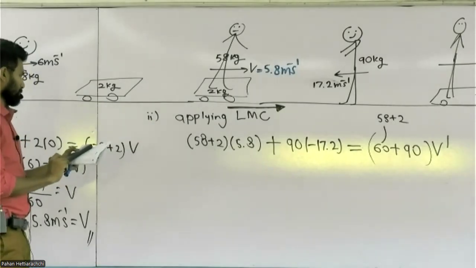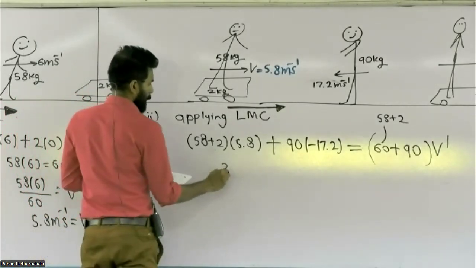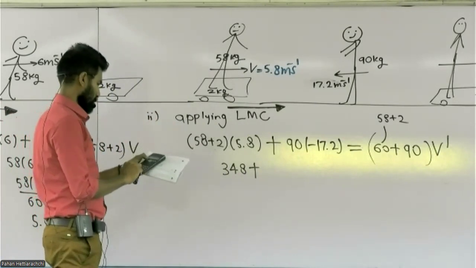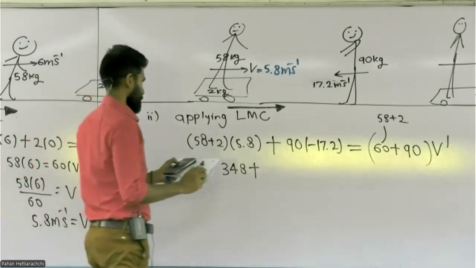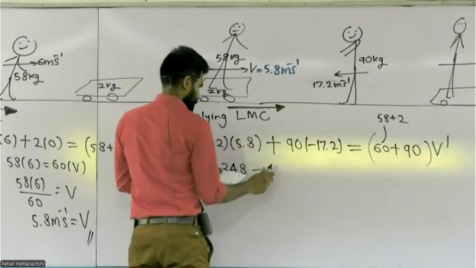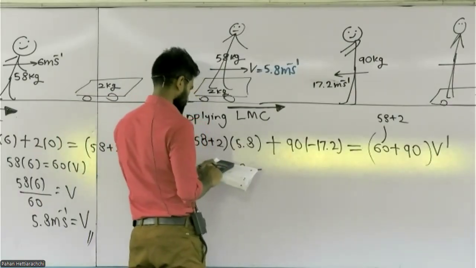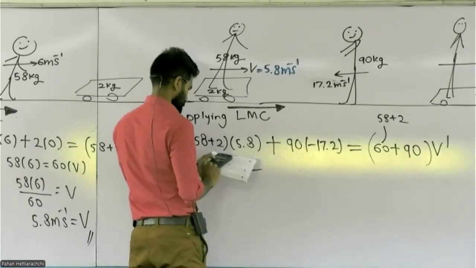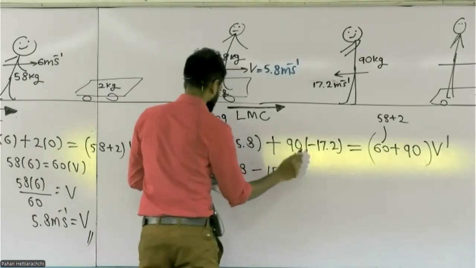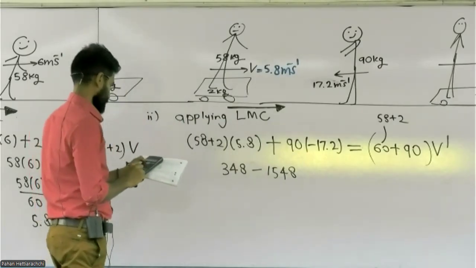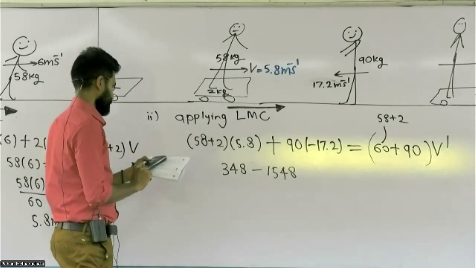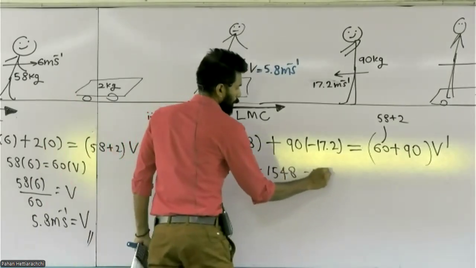60 into 5.8 is 348. 90 into 17.2, minus, is minus 1548, is equal to 150 into v dash.